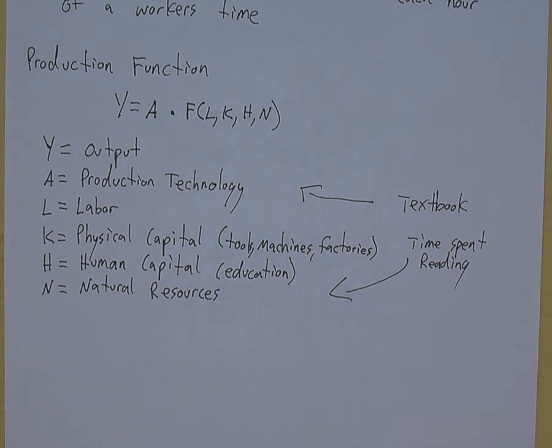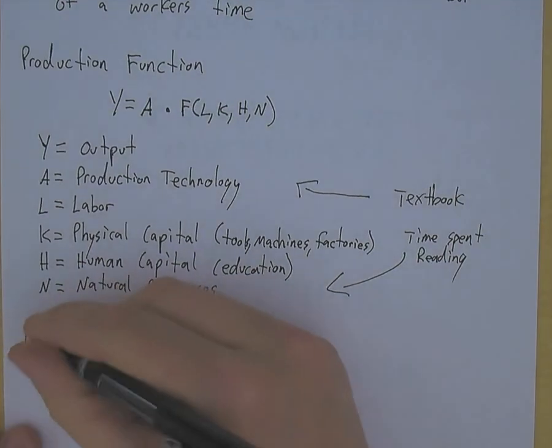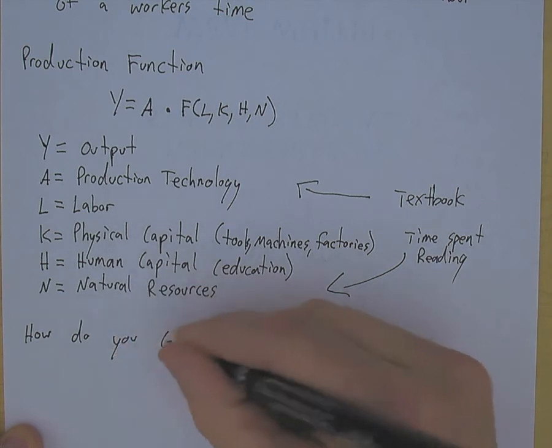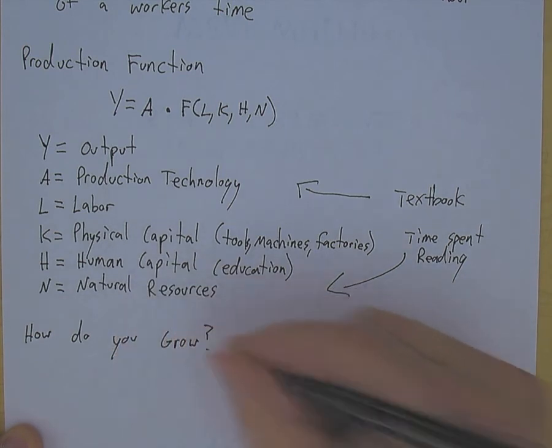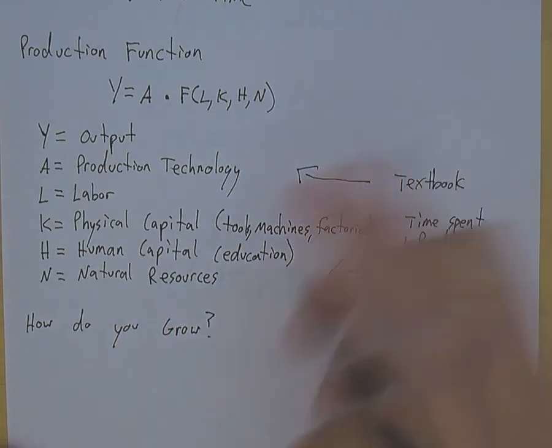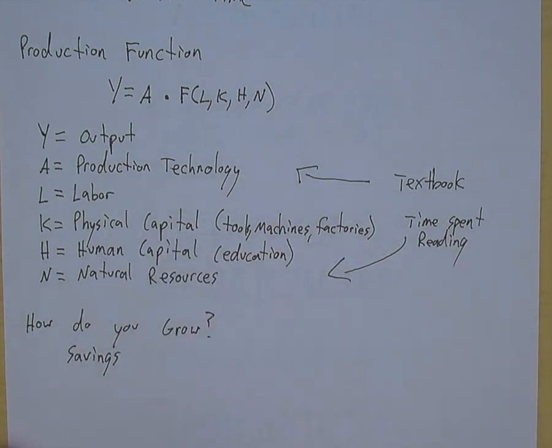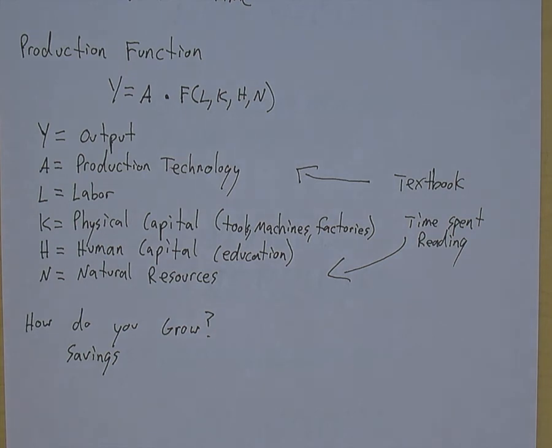Now, we're trying to increase productivity, so how do you do that? And that's the great question. How do you grow? And the big thing here is savings. The money you earn, you have two decisions to make. You can consume with it or you can save with it. That's all you can do.